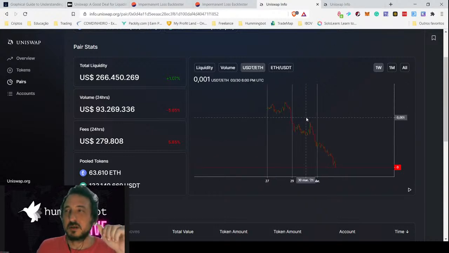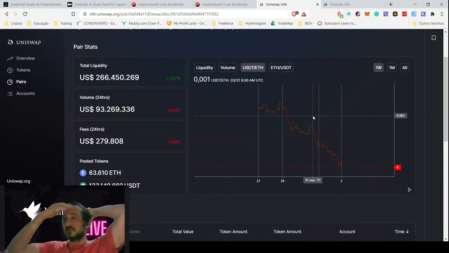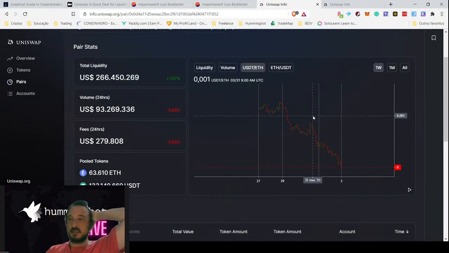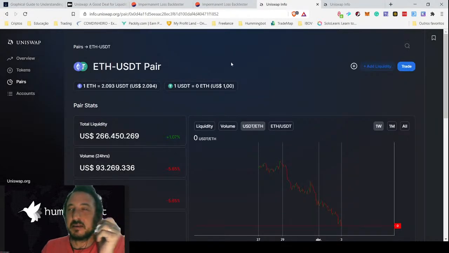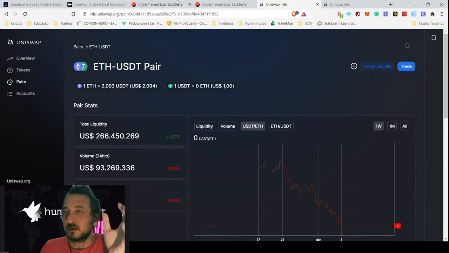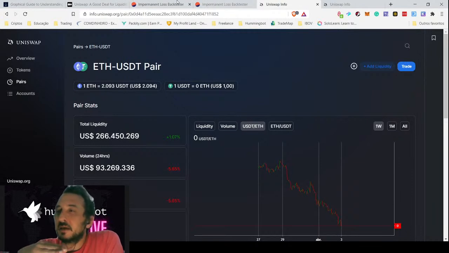So here is where it gets interesting: if you compare a trading pair like ETH or any kind of pair, you notice that you have a big risk of impermanent loss because of the price move over time.